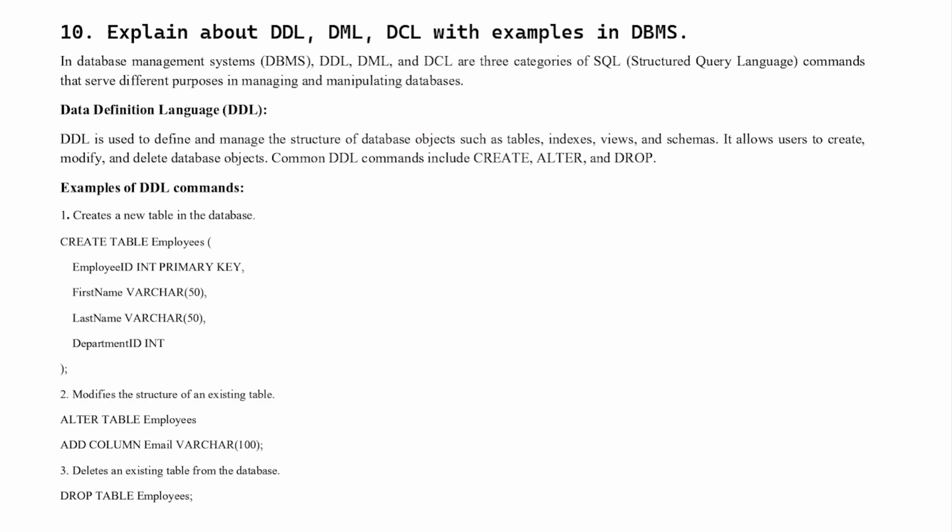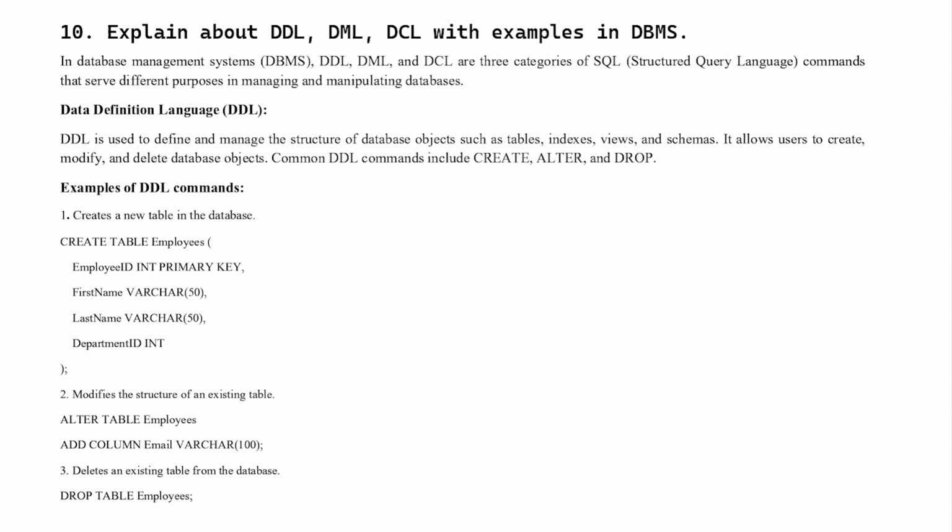10. Explain DDL, DML, DCL with examples in DBMS. In database management systems, DBMS, DDL, DML, and DCL are 3 categories of SQL, structured query language, commands that serve different purposes in managing and manipulating databases.